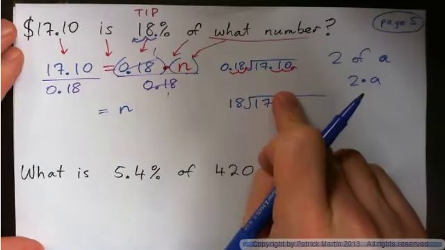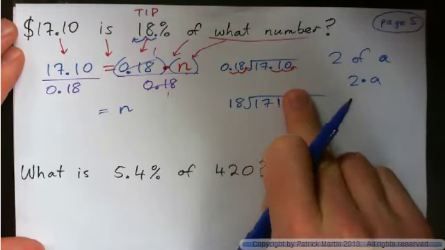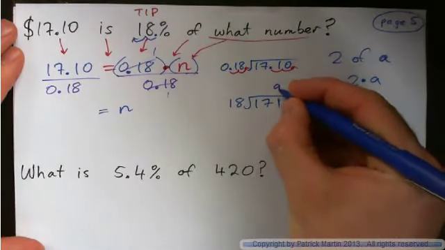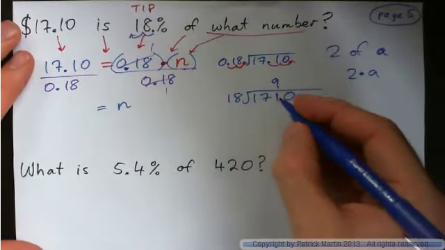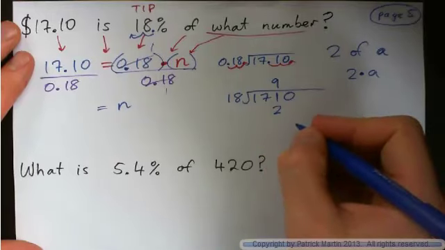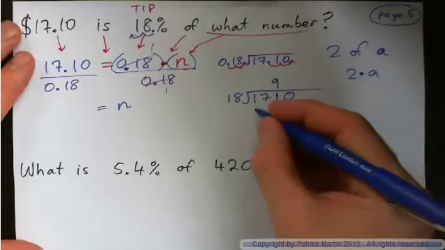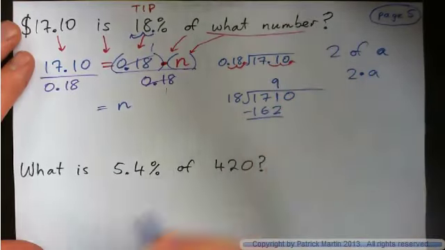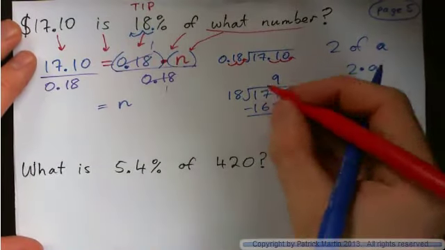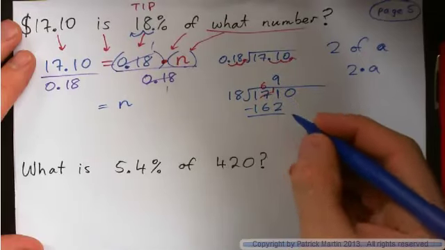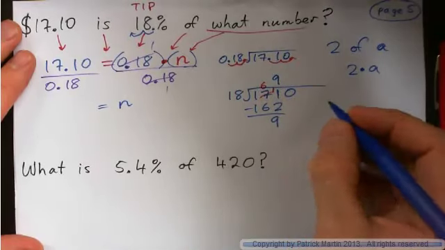18 into 17 won't go. 18 into 171. I'm going to try 9 times. 9 eights are 72, carry the 7. 9 ones is 9, and 7 is 16. Subtract. So that 7 becomes a 6, this becomes 1, 11 minus 2 is 9.